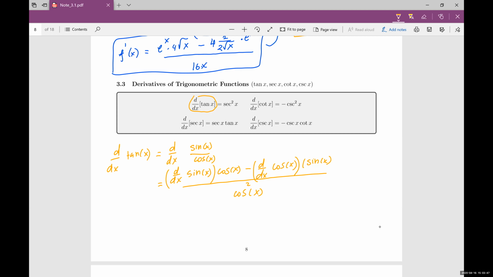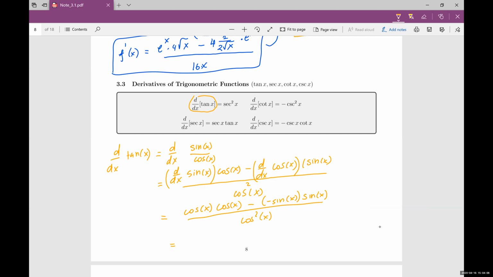Okay, so what is the derivative of sine? It is just cosine, times cosine x. What is the derivative of cosine? It is negative sine, times sine of x, over cosine squared of x.